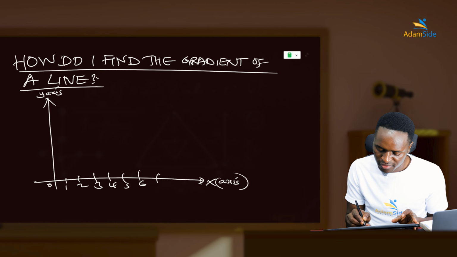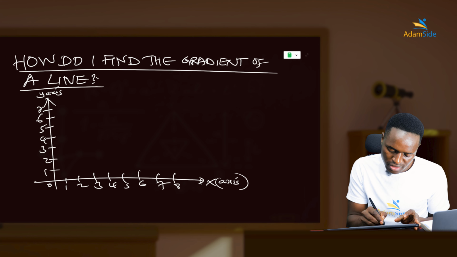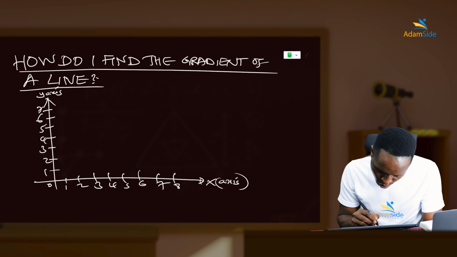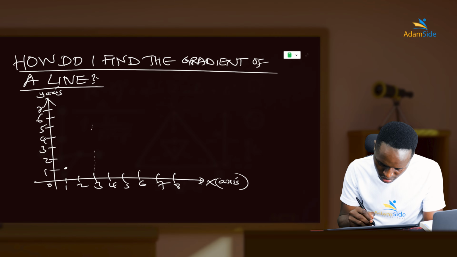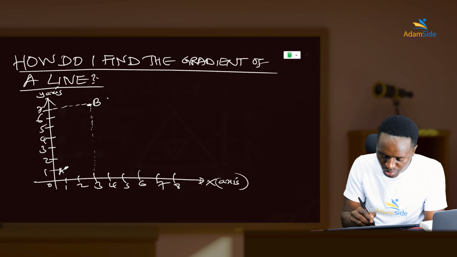Let's say you have point (1, 1) and you have point (3, 7). Let's say you have point A and point B.